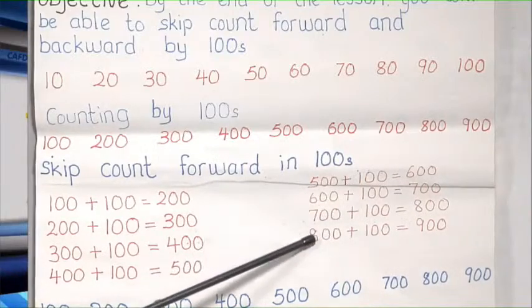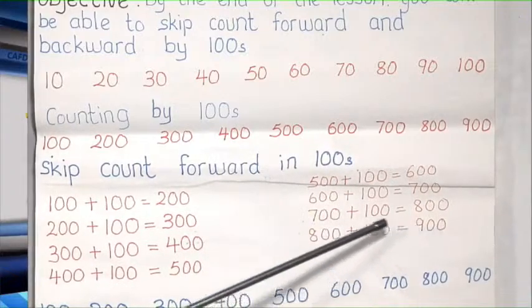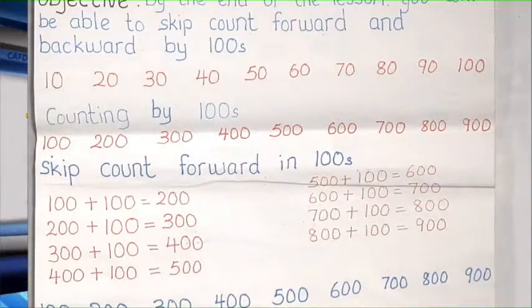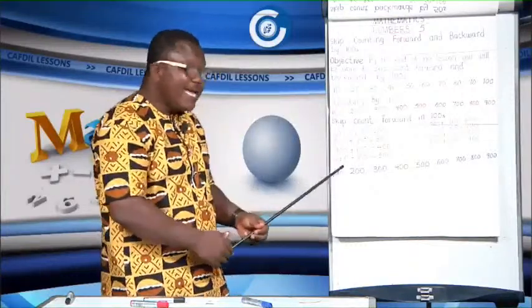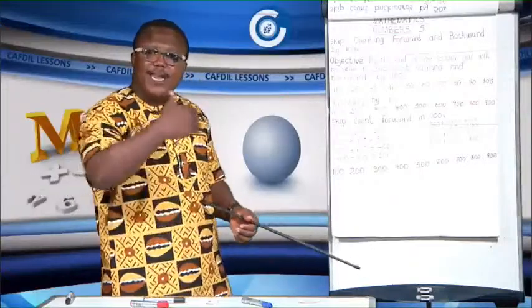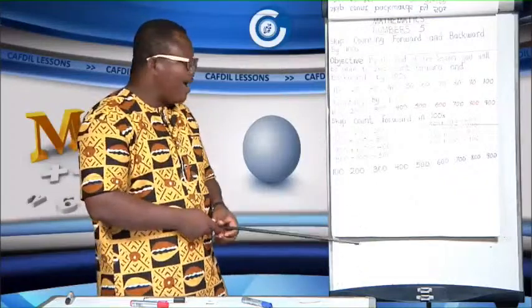And this 800, they have also added 100 to it. And then we get what? 900. So you've seen that they are skip counting by hundreds, meaning they are adding 100. They are skip counting forward by hundreds. So here it means that they are adding 100 to every number.